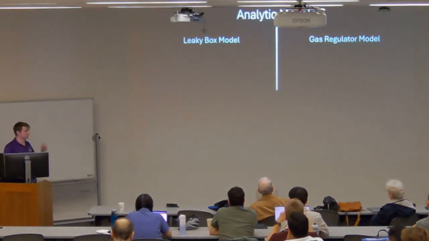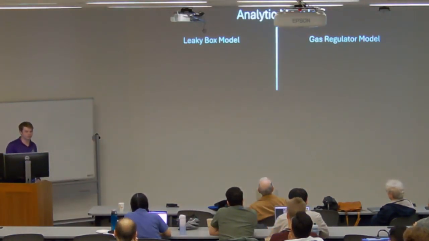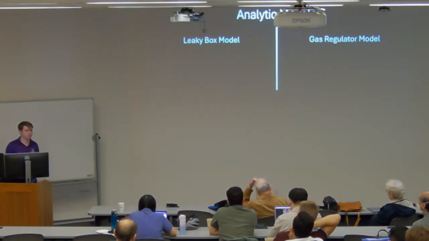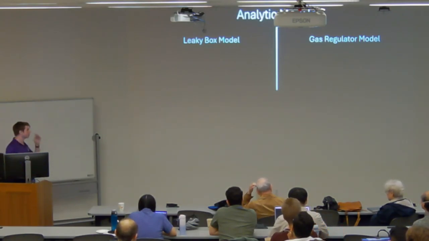Okay, and a number of analytic models have been put forth to explain the form and evolution of the MZR across cosmic time. I'll briefly talk about 2 of them here. The first is the leaky box model, in which you essentially just consider galaxies to be leaky boxes of gas and of stars, where the stars enrich the gas with metals, but they're leaky because some of the gas and some of the metals can escape the box.